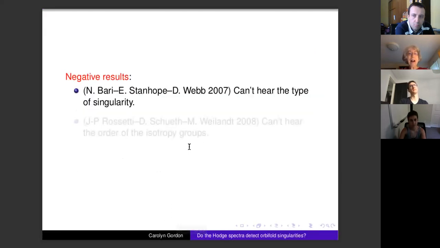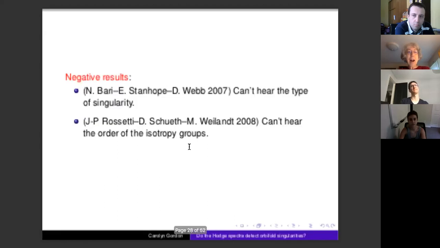Okay, there are also negative results. Navid Bari, Liz Stanhope, and David Webb first showed that you can't hear the type of singularity, meaning what the isotropy groups of the singularities are. And Juan Pablo Rossetti, Dorothee Schueth, and Martin Weilandt showed you can't hear the order of the isotropy groups.